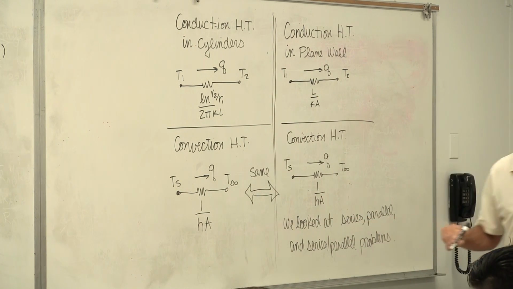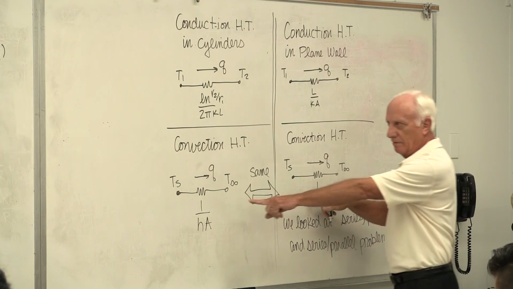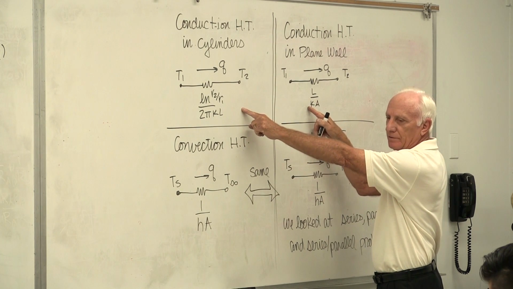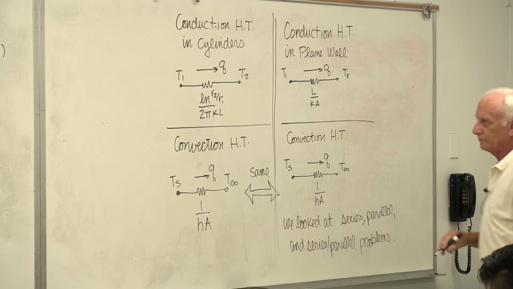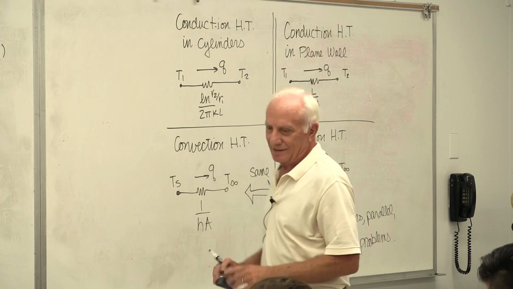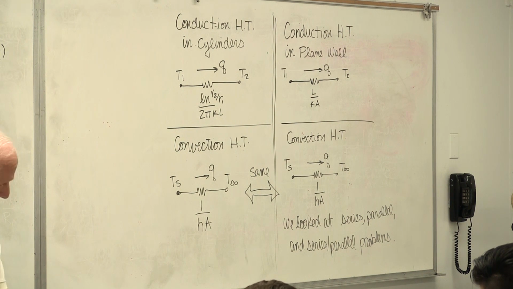It's the same equation for a convection, no matter whether it's a plane wall or a cylinder. Where's the difference? In the conduction through the solid material, a pipe or a wall. Okay. All right, I think that's pretty much got what we need out of that. So let's go ahead now and take a look at using these in some problems.